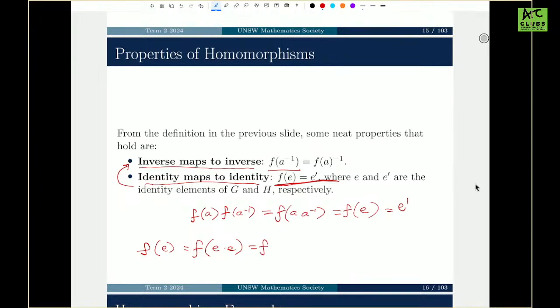Equals f of E times f of E. And then just by applying the inverse of this to both sides, we will get that this implies that f of E equals E prime. And then we can use this fact to reason this step for inverses mapped to inverse.